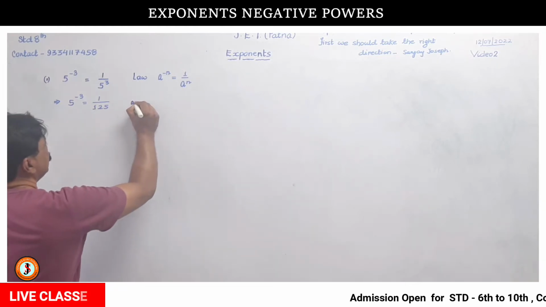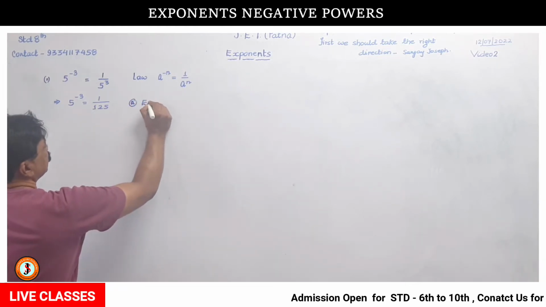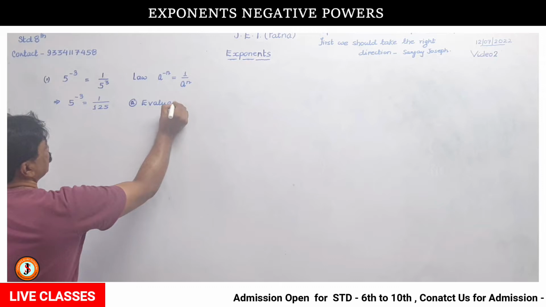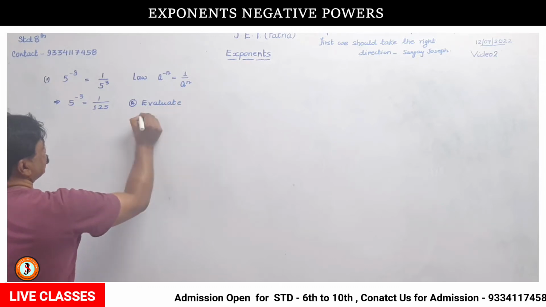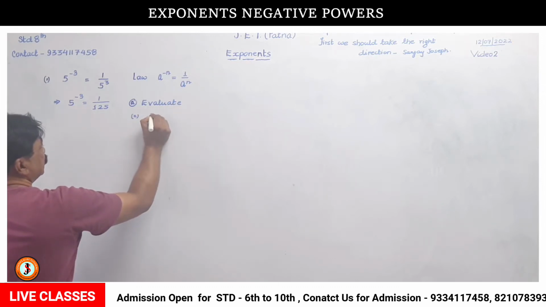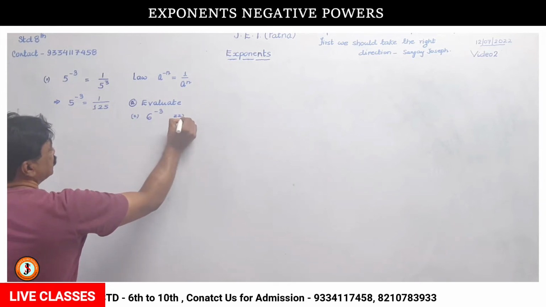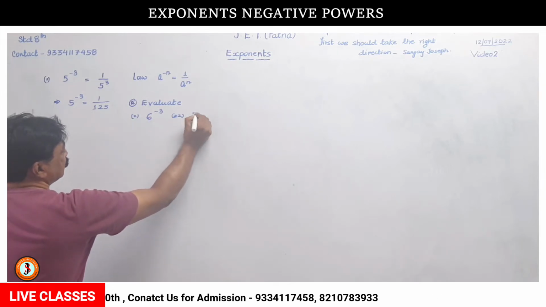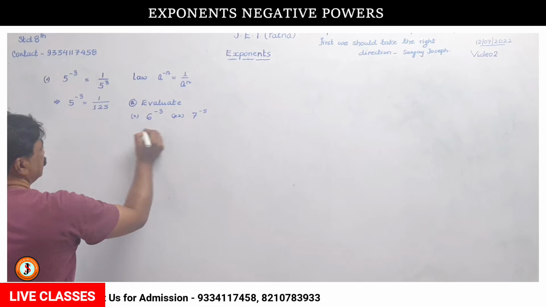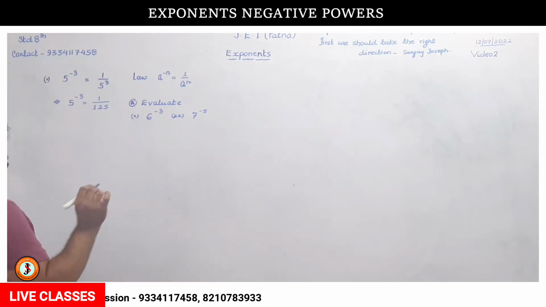So your work will be evaluate 6 to the power minus 3 and just keep them in fraction, 7 to the power minus 5 might be, and so on you can do.